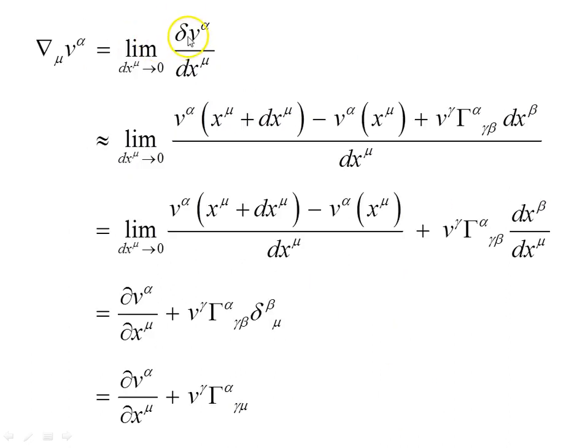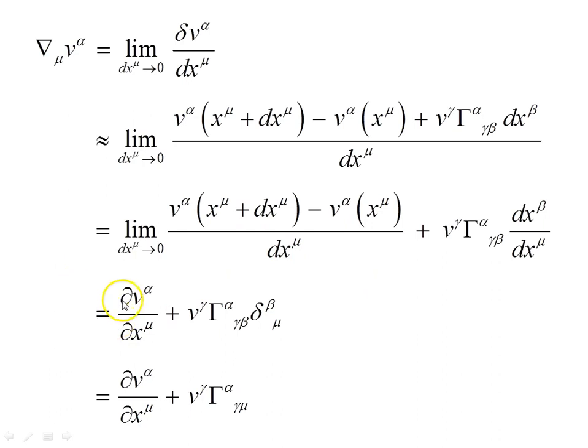Alright, so let's do that then. We take this term here, which, if you remember from the previous slide, is this object here, divided by dx^μ. Notice that this goes under here, and so we can separate that piece off. And the limit as dx^μ approaches 0 of this object is a familiar derivative.